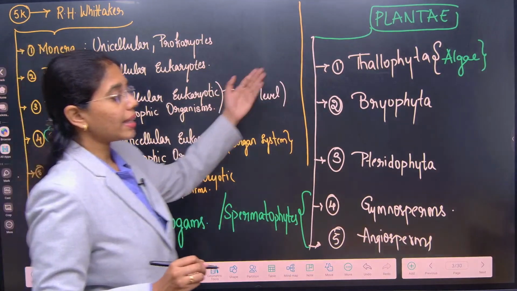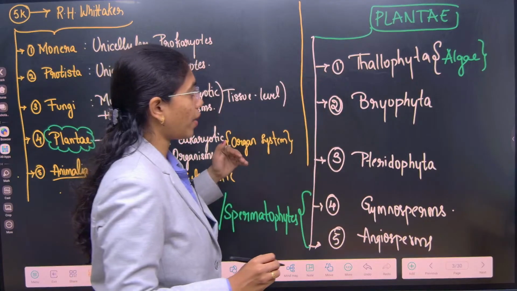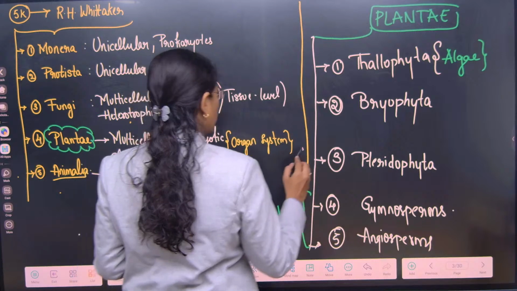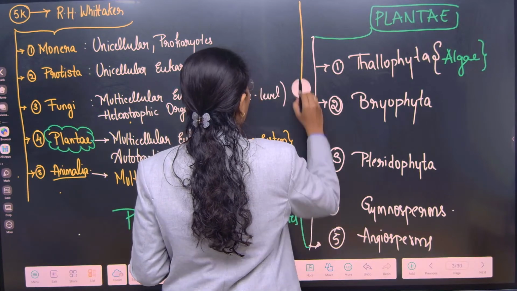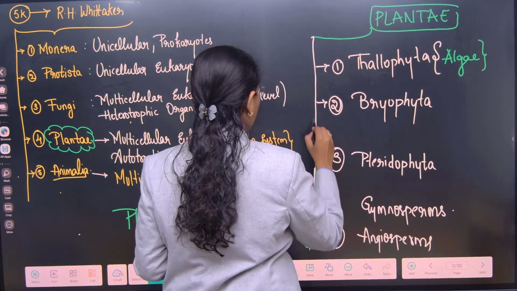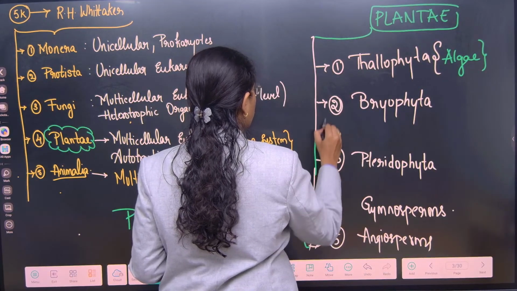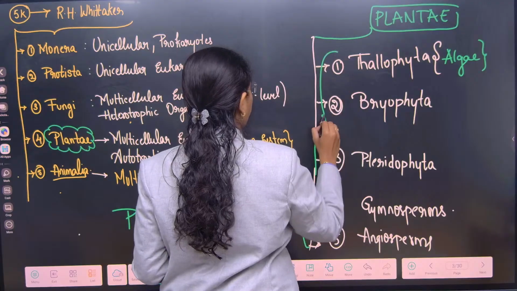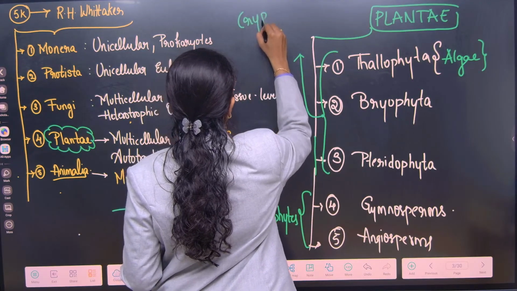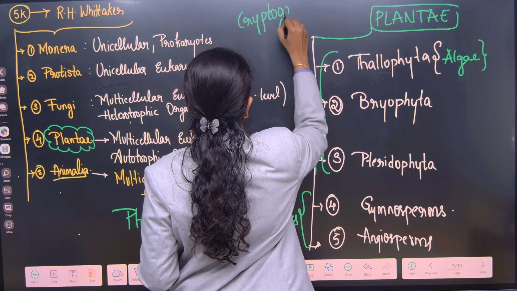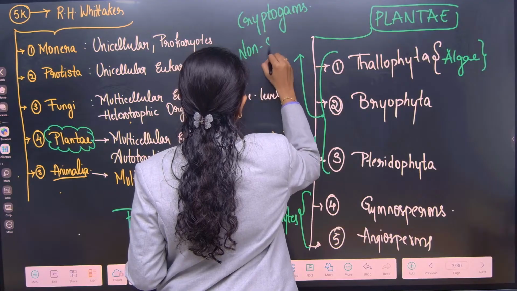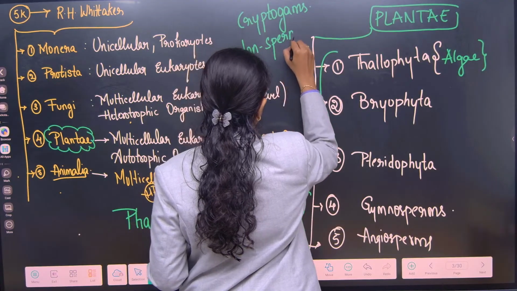Whereas algae, bryophytes and pteridophytes are included under cryptogams, or non-spermatophytes.